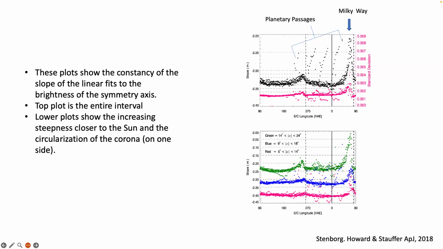The plot below it, we considered 3 different positions in radial distance from the sun, and as you get closer to the sun, the gradient increases. And finally, the red one at the bottom is in fact almost circular. You can see that the peak at the nodes is almost gone, and that's because it's becoming more and more circular.